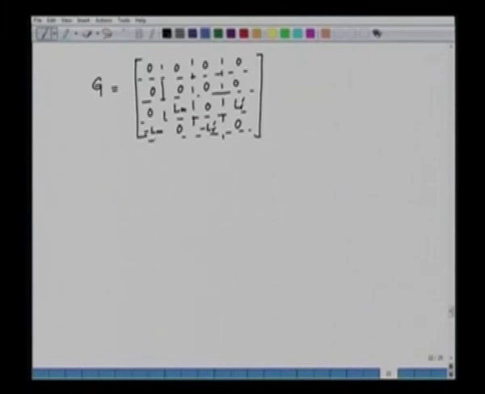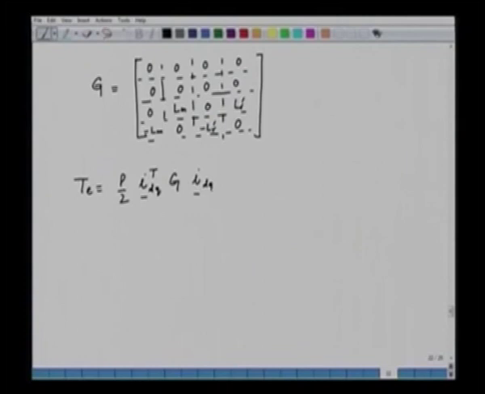Now, we can find out the expression for the torque. Te equal to P by 2 I transpose G into I. If you simplify this, we can calculate the expression for the torque. This is the dq equation.